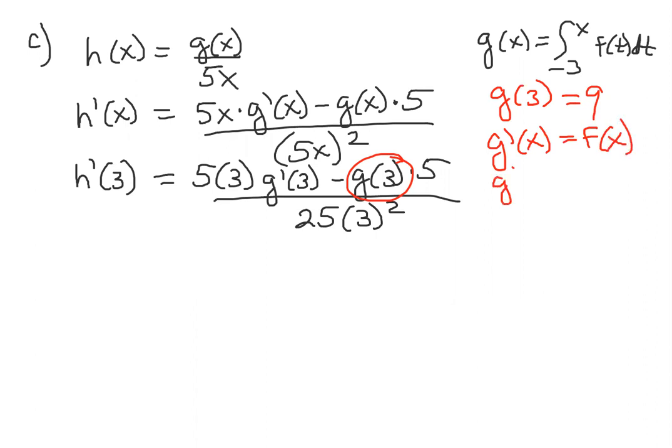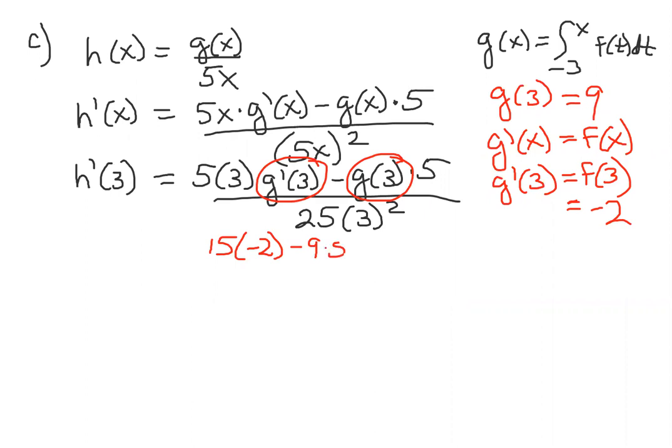So g prime of 3, which we need right here, equals f of 3, which you just look at on your graph: at 3, y equals -2. So here we have 15 times -2 minus 9 times 5 over 225.